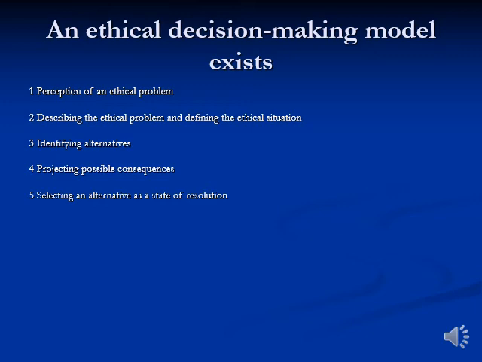Okay? So, step number 1 is having a perception of an ethical problem. This is very similar to the first phase of the 4 phases that we go through, which is moral sensitivity.